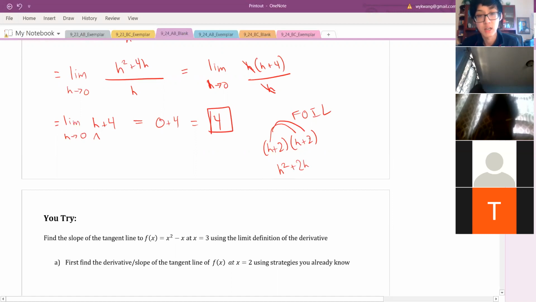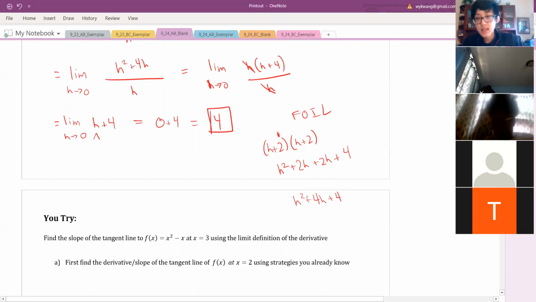Now I have to do the second value. 2 times h is another 2h, and then 2 times 2 is 4. So I simplify that all out to h squared plus 4h plus 4.